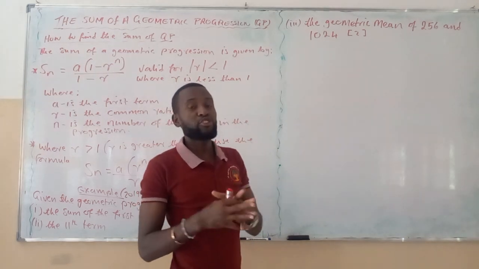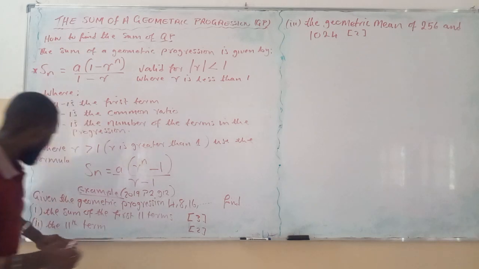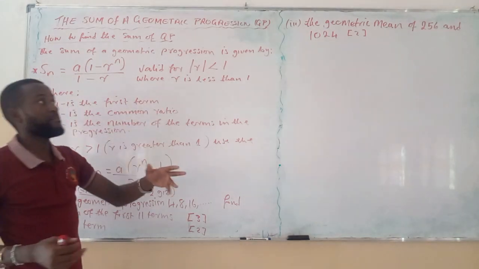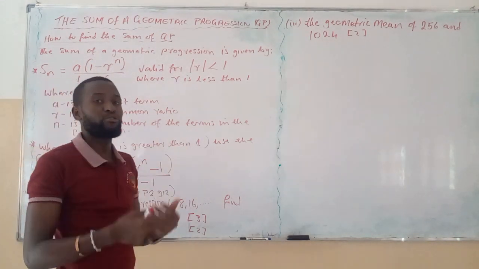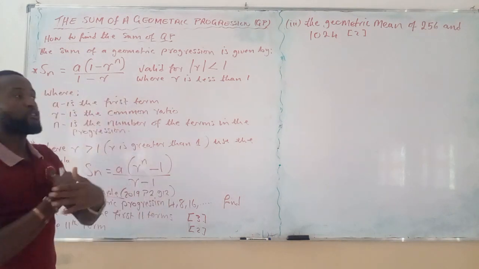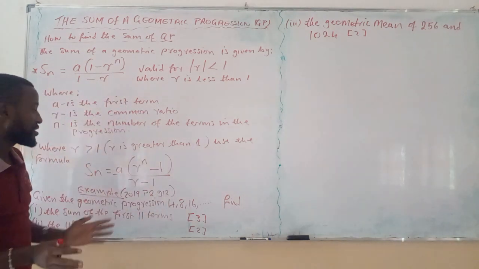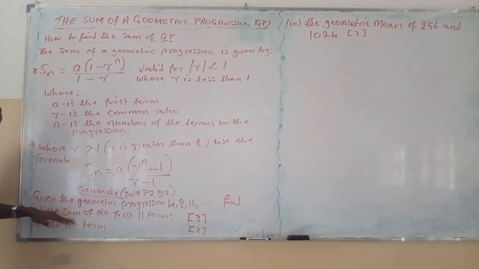We looked at how to find the 11th term and the geometric mean in the previous videos, so now we have combined them. But the major focus is how to find the sum. These others you do by yourself.